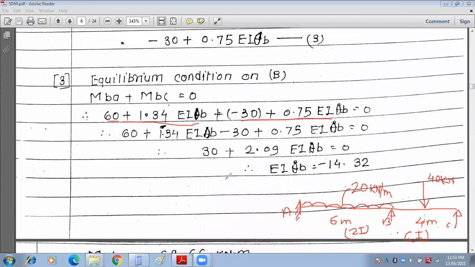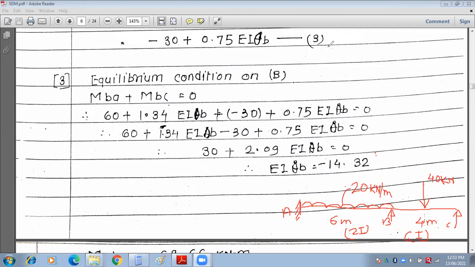Now let us take the summation of all EI theta B terms over here and all the other constant terms to this side. Then you will get the EI theta B value, which is 14.32.